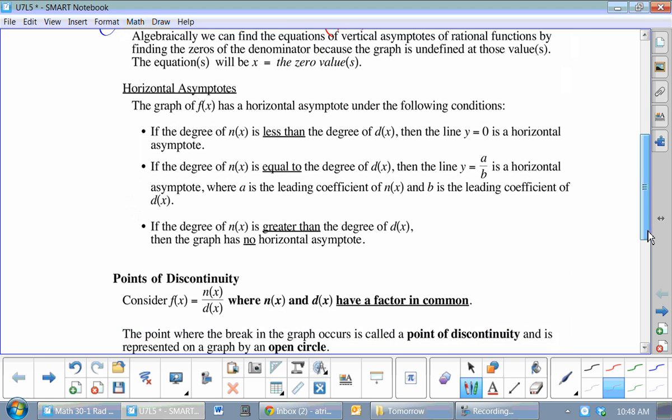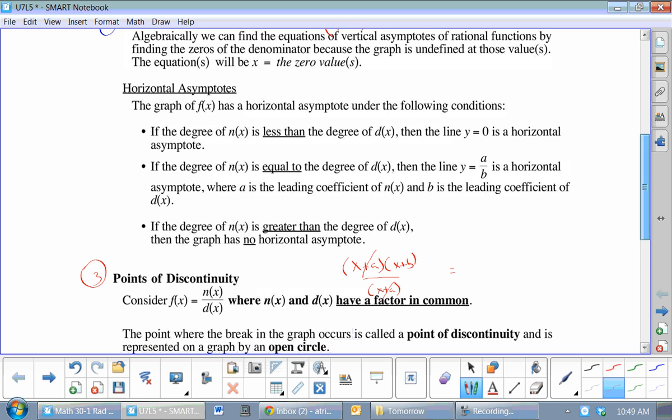If I now go to the third thing that we learned, the point of discontinuity, it would look like this: (X plus A) over (X plus B) all over (X plus A).